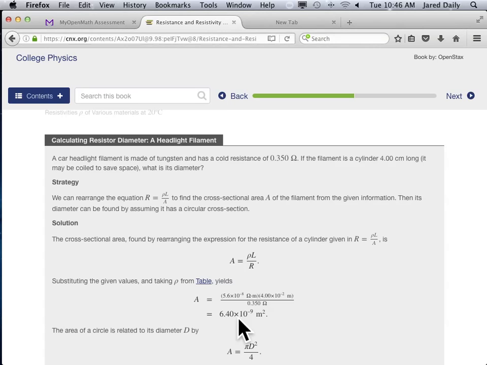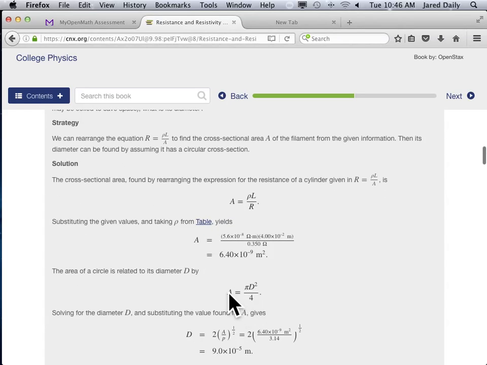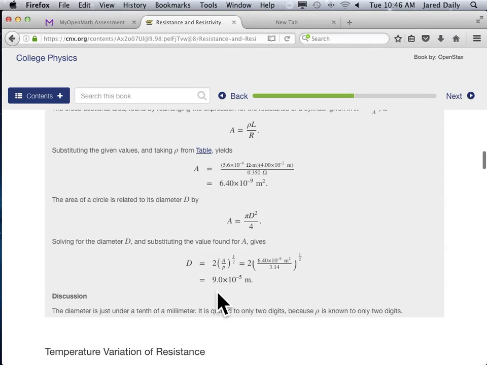Once we've got the area, which they get here at 6.4 times 10 to the minus 9 meters squared, they set the area equal to pi diameter squared divided by 4. Why is it divided by 4? Because it's radius squared, right? So anyway, it works either way. You could either solve for the radius and then figure out the diameter, or you could use this formula. Once they've done that, they find out that the diameter is 9.0 times 10 to the minus 5th meters. Quite small.